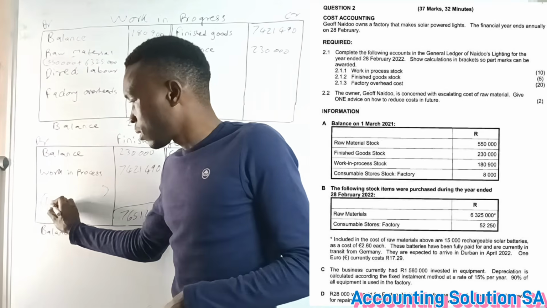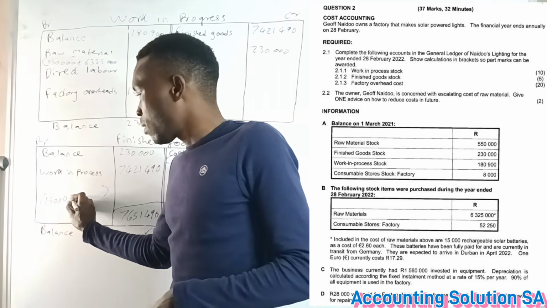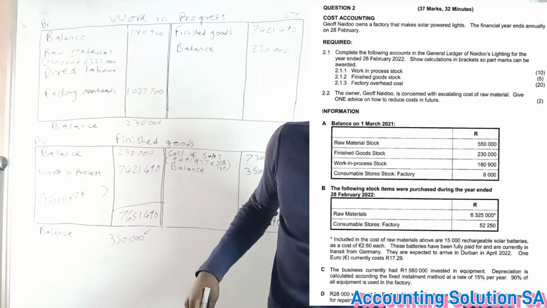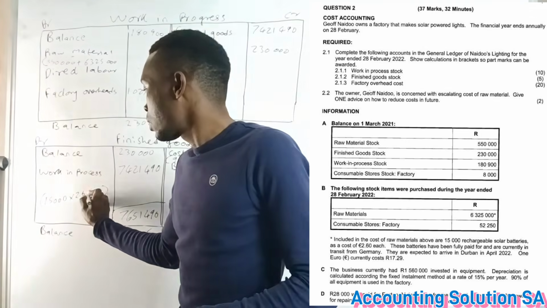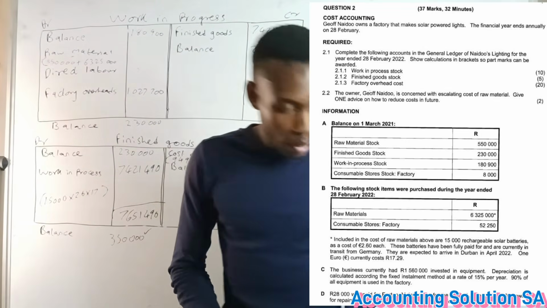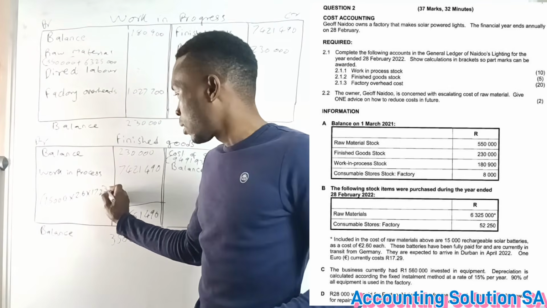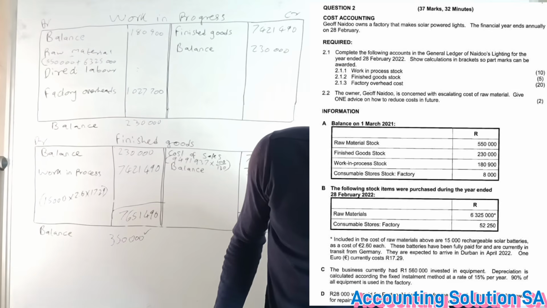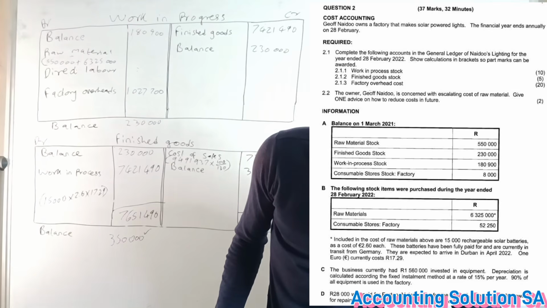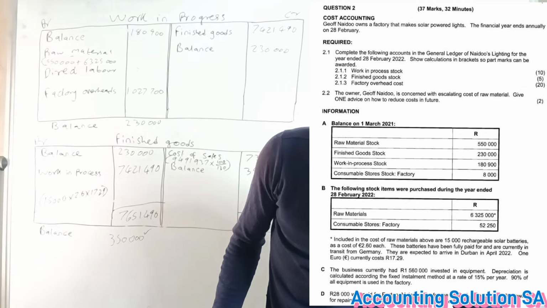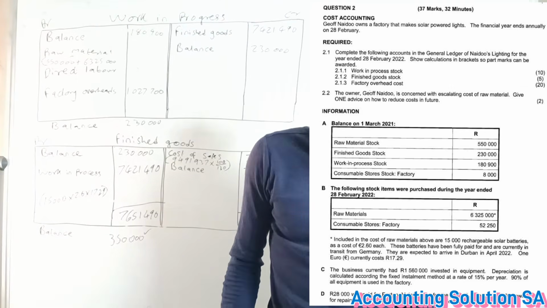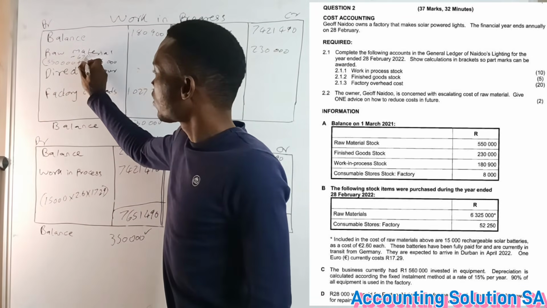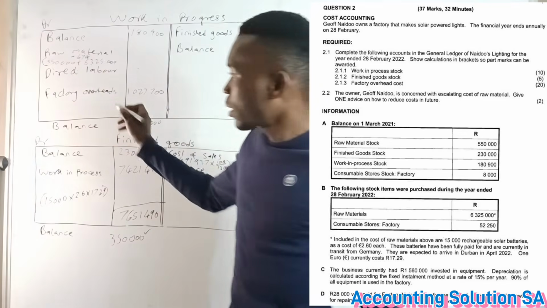It's 15,000 items multiplied by 260 euros, and after that we multiply by 17 rand 29 cents, which is going to give us an amount of 674,310.